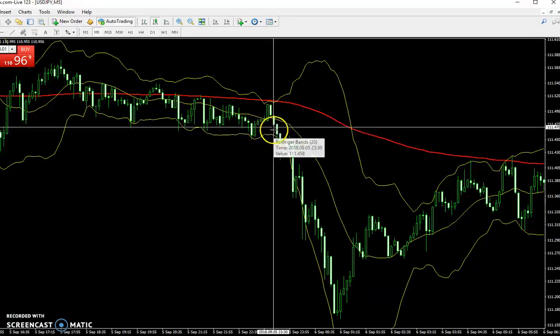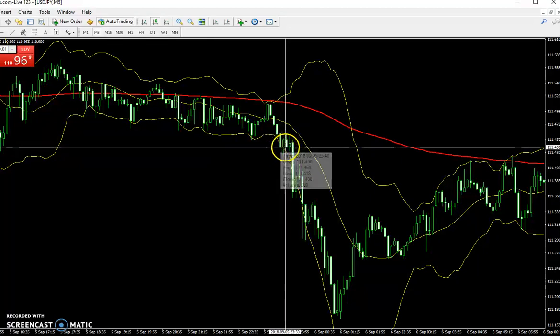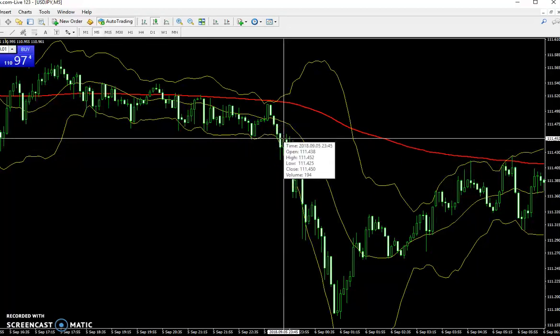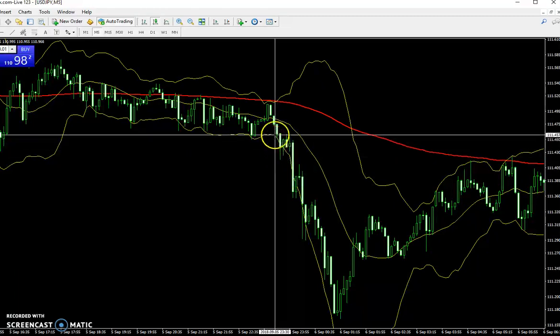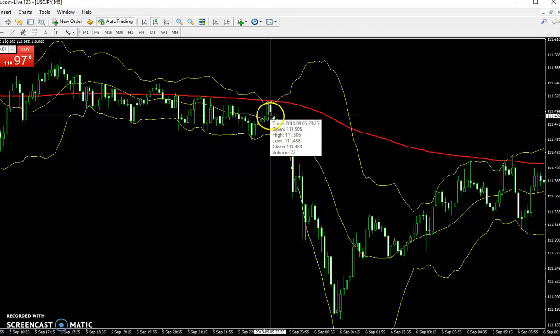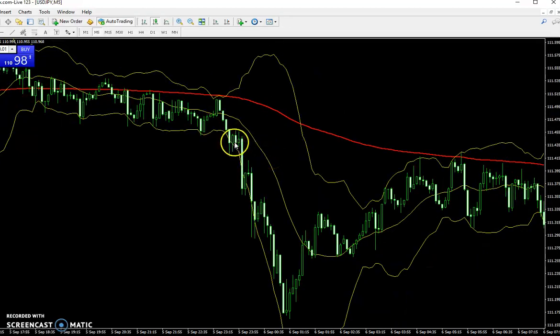Then you get out if you see a bullish candle after it touches the bottom band. In this case, you would have entered here and you saw this bullish candle, so you got 3.6 pips. Then you get in again.